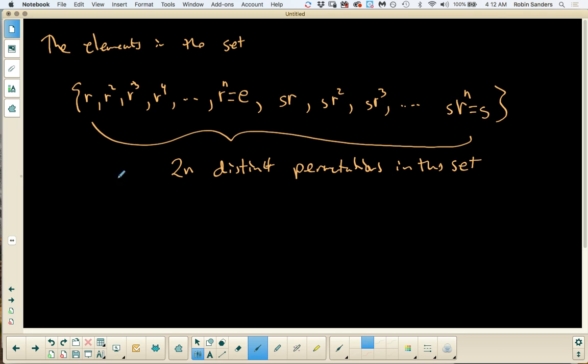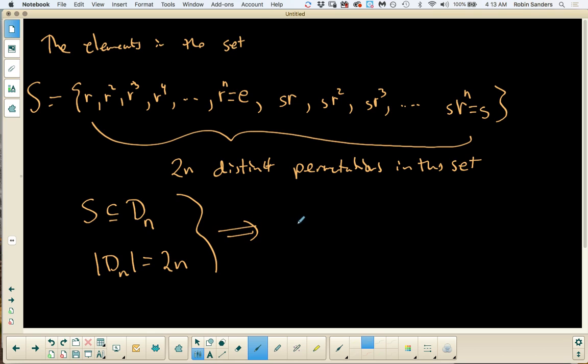And this set, let's just call this set S, this set S is known to be a subset of the dihedral group because they are all symmetries of the dihedral group. And the dihedral group has order 2n, and these two facts together say that that set is all of Dn.